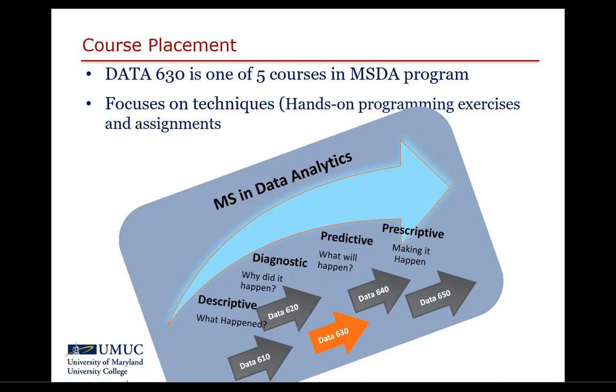In some cases, that algorithm could be machine learning. In some cases, it is something to explain the relationship of some variables. So that is kind of predictive. So we will cover that in 630. Like I said, all the fundamental topics of data science or machine learning will be covered in this course. And in the next course, Data 640, you take the advanced version of the topics that we cover in this course.